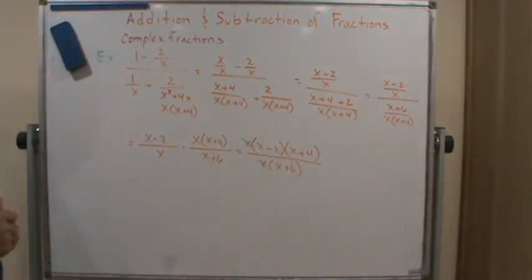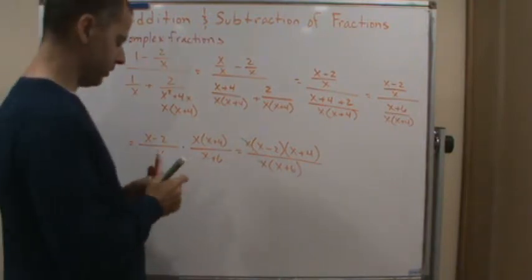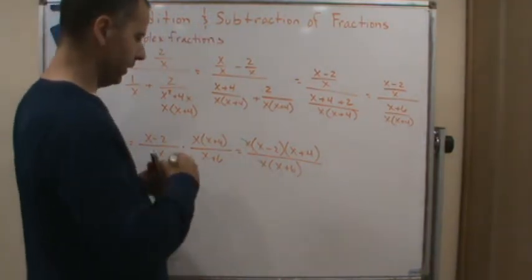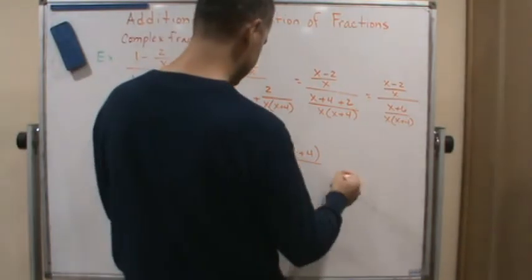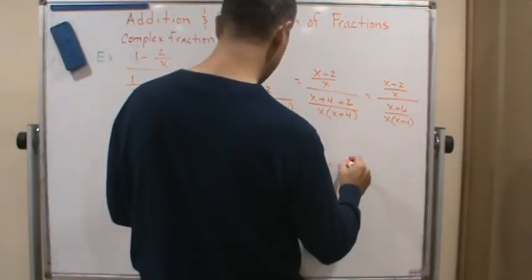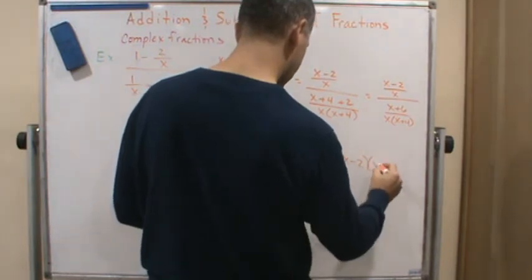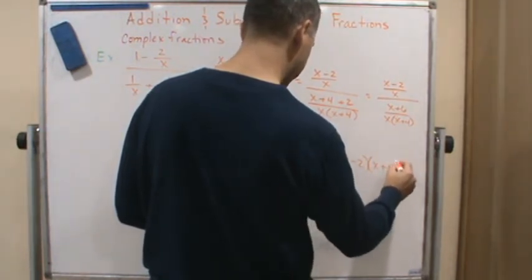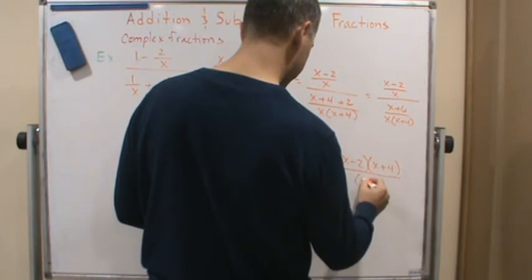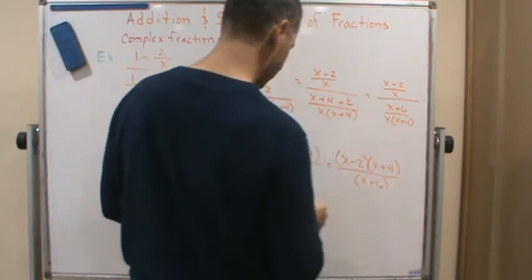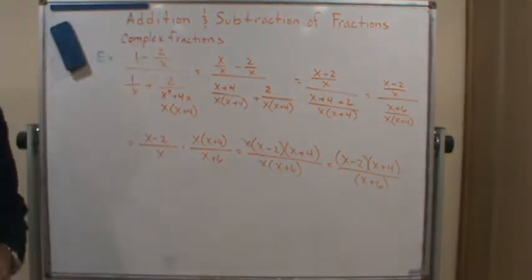Cancel each other. And so our final answer is what's left over, because none of this can be simplified any further. So this is going to be x minus 2 times x plus 4 over x plus 6. And we're done.